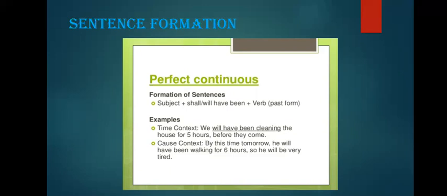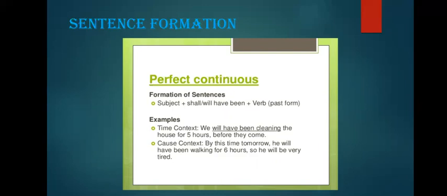Time context: We will have been cleaning the house for 5 hours before they come. Now, because the time period is not mentioned clearly, we are using 5 hours here, because I do not know since when this person has been cleaning the house.